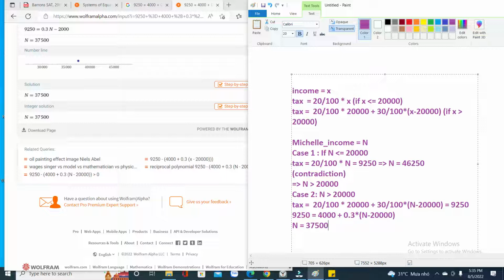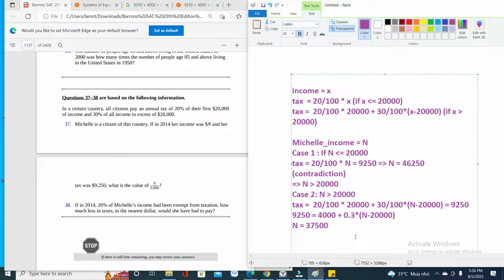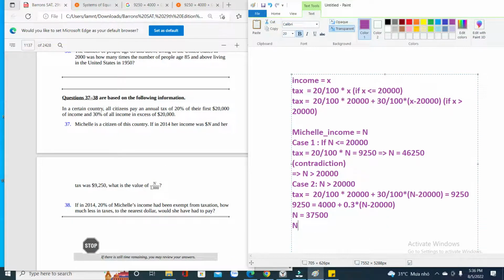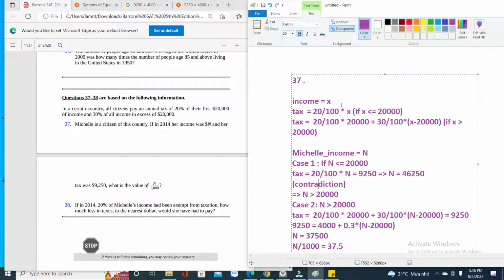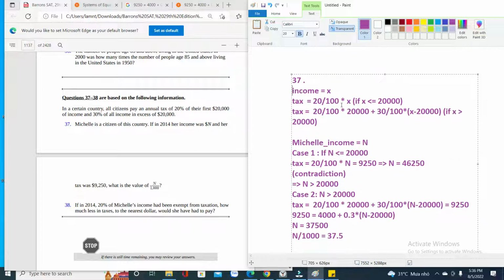They ask us for n over 1,000, so n over 1,000 is 37.5. Okay, so that's how you solve number 37.